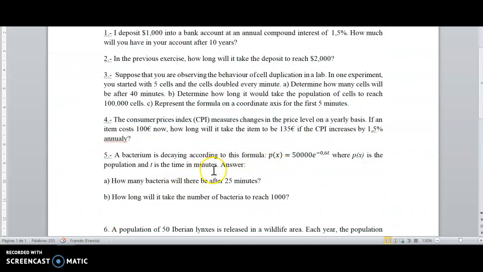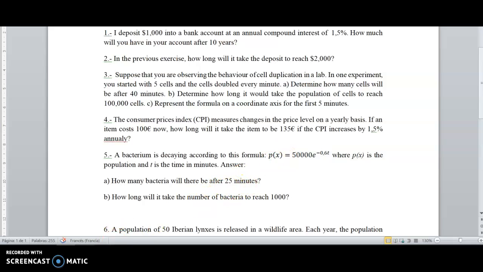We have this formula, and we have to solve how many bacteria will be after 25 minutes. So I only have to substitute in the t the number 25. There is a mistake here because the p is for population and x is not x, it's t, because the variable that is on the formula is t. So here is t, the time.